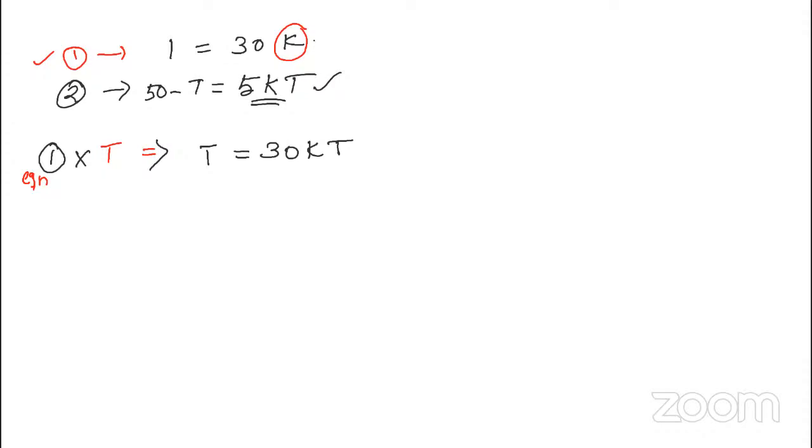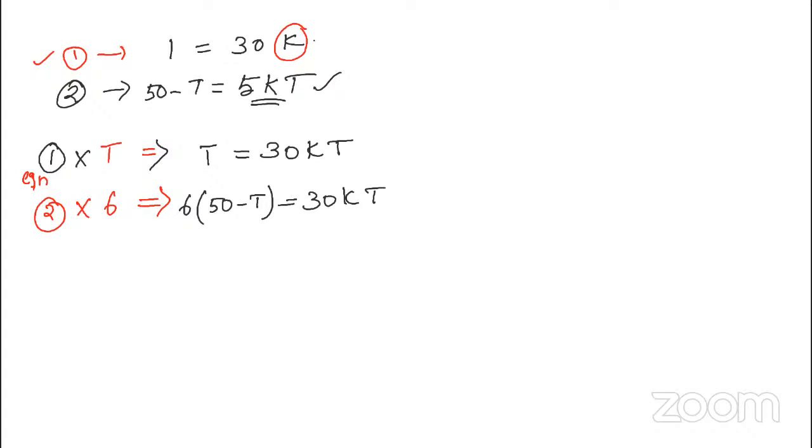Yes, very good. It is a 6. So our second equation is multiplied by the term 6. Again, the equation should be 6 into (50 minus T) is equal to 30 KT.